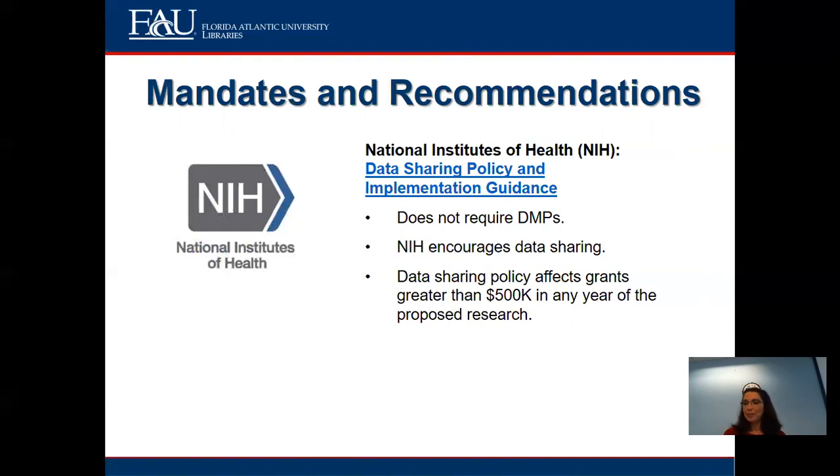So if a researcher has a grant for that amount and anticipates doing that research within the calendar year, NIH will require them to share the data. However, if it's a $500K grant spread over 4 or 5 years, they may not have that mandate. It depends on whether $500,000 will be spent within a year of the research as opposed to multiple years.